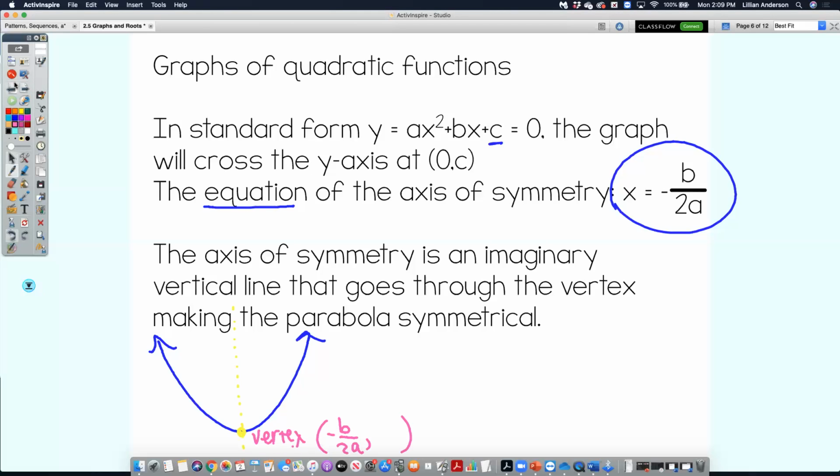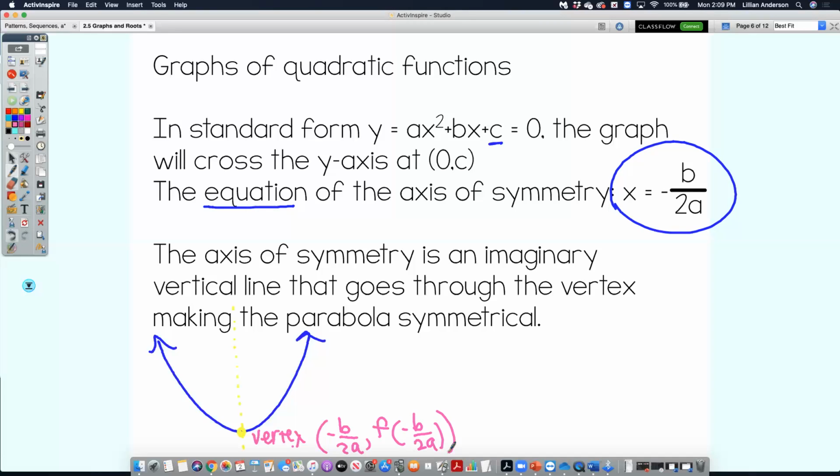Before we move on to the next form, to find the y-coordinate of your vertex, just like to find any y-coordinate, you always take the x value and plug it in. So if you wanted to find the y-coordinate of your vertex, you would just plug that x value into your original function.